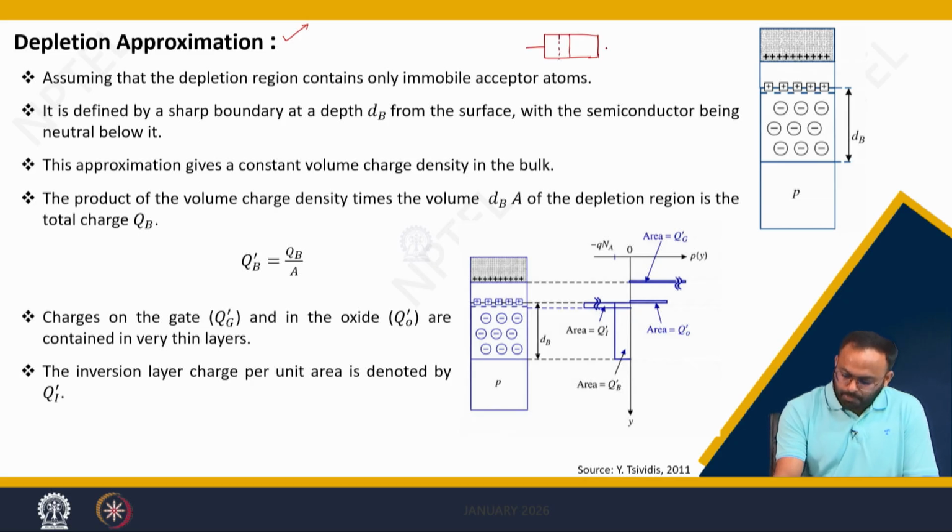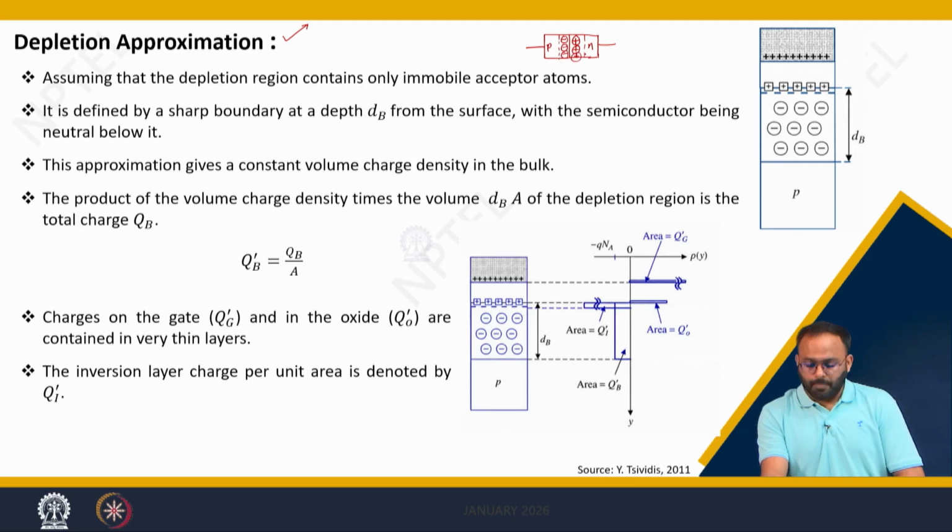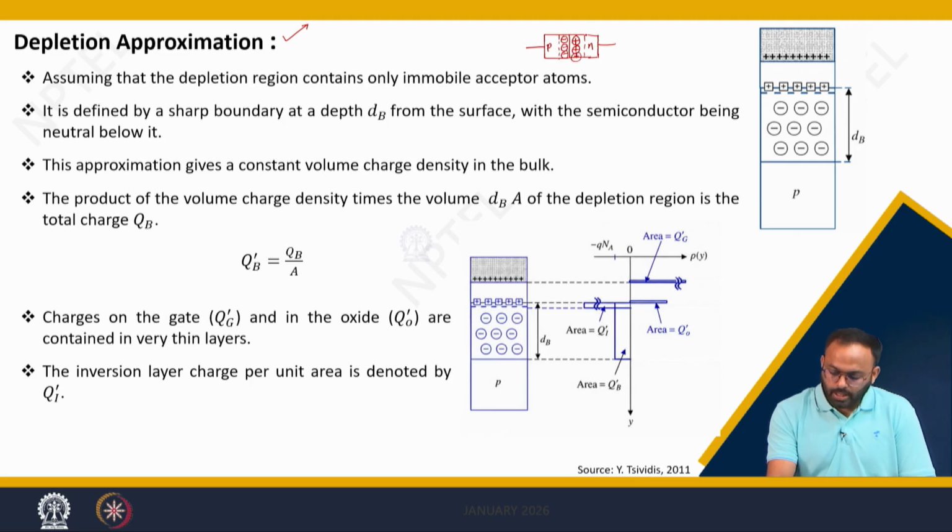If you remember, in a p-n junction diode we have p type and n type semiconductor, and a built-in potential comes into the picture because of this depletion region. What we say there is, depletion approximation means in the depletion region there is no mobile charge carrier present, and hence the depletion region is completely made up of immobile ions. That is what we are going to consider here.